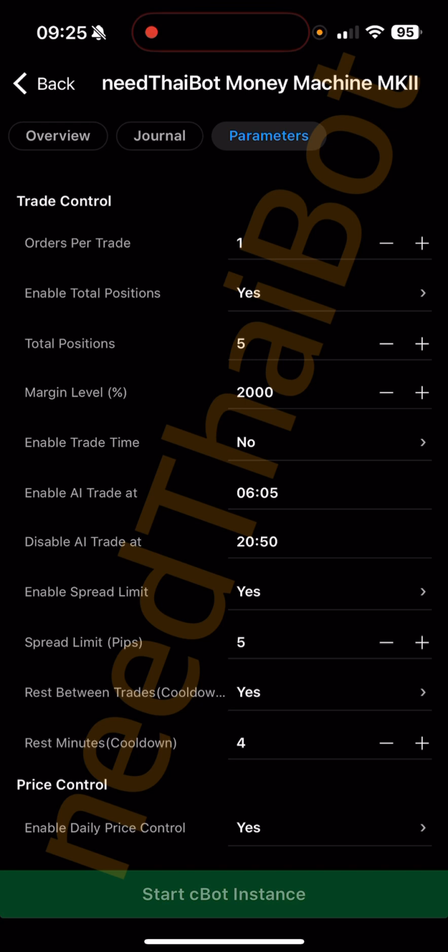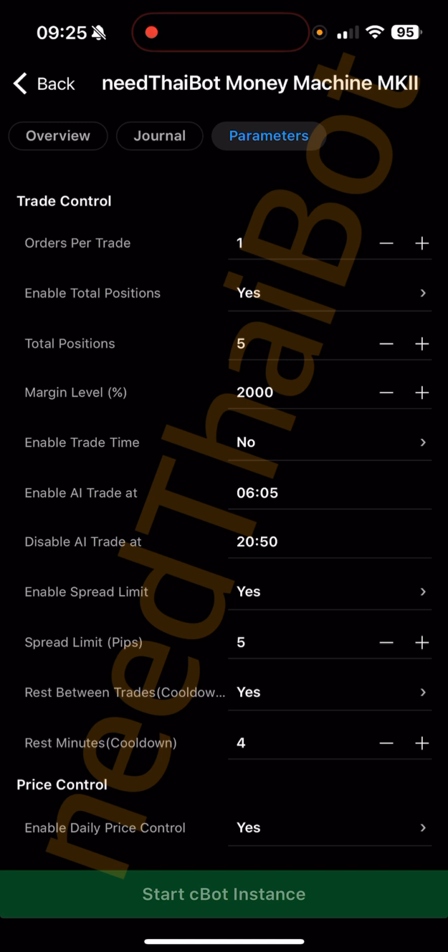Okay, and the margin level percent, this is the margin control. So if you don't want the bot to open when the margin is below 2000 or 4000%, just set it here. So if your margin level is below 2000, it will not open the trade at all. So this will save your balance and the portfolio.